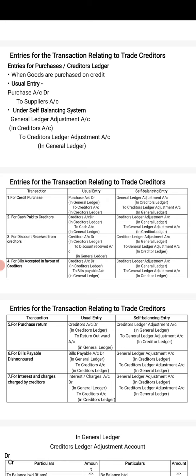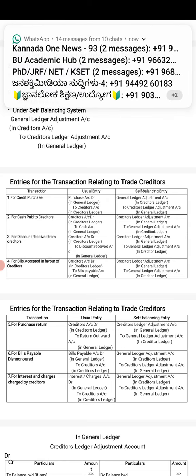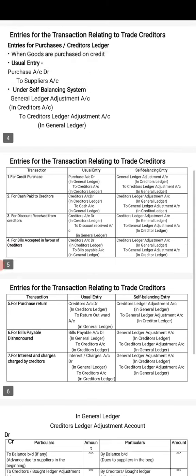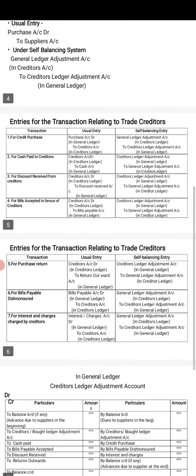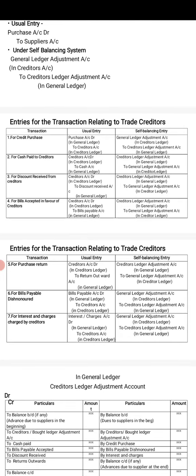So creditor is personal account, he is receiving the benefit from the company, so creditors you have to make debit. Cash is real account, cash is going out from the company, therefore cash is to be credited. In self-balancing entry, the entry will be creditors ledger adjustment account debtor to general ledger adjustment account.